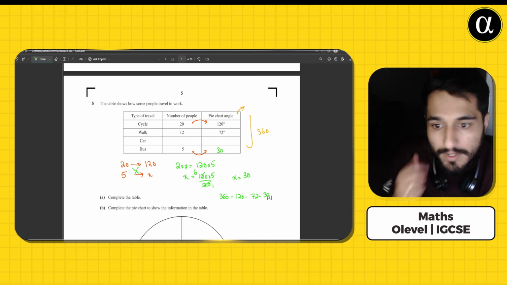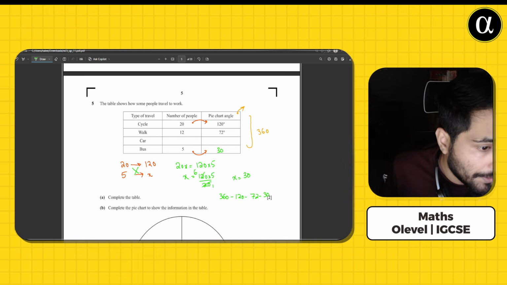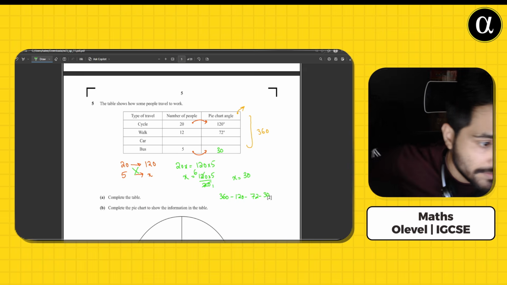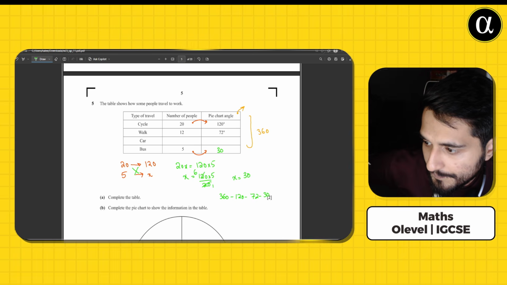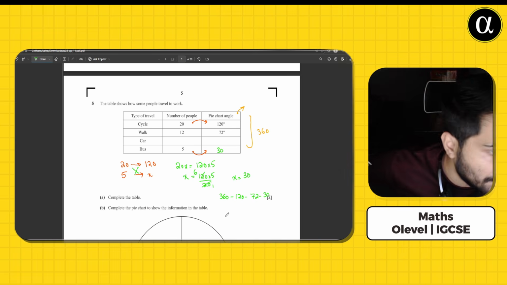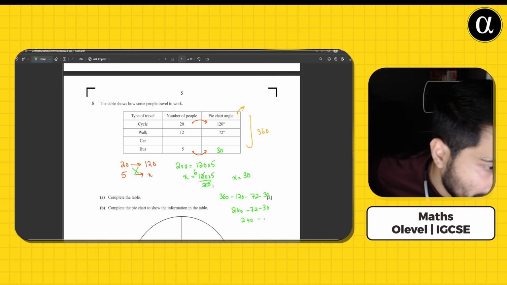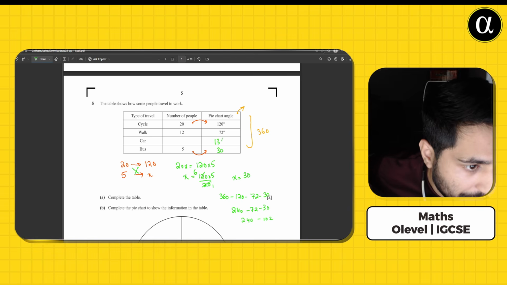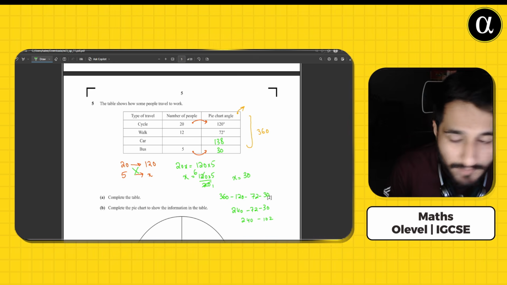Let's do this real quick. 120 subtracted from 360 gives us 240, and then when we subtract this further, 240 minus 72 and minus 30, this is 240 minus 102, and this is going to be 138. This is 138.